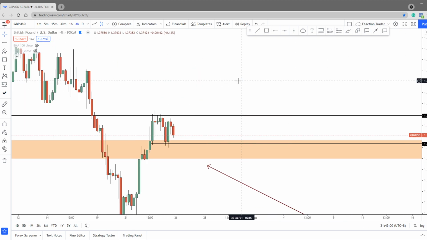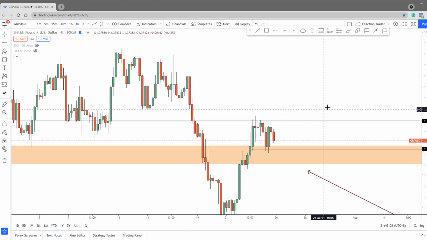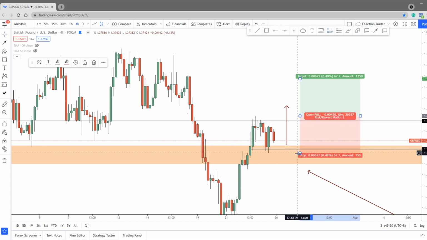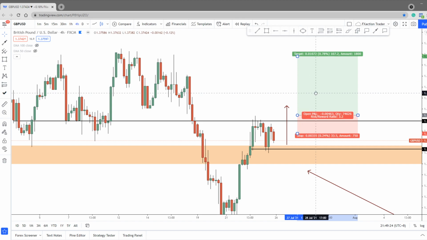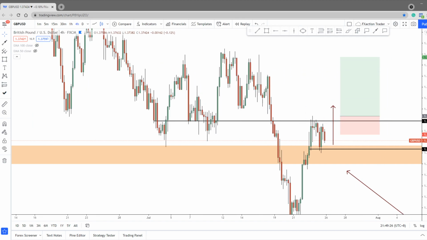I would prefer the market to break above 1.3778, and then only am I going to look for a buy trade. So overall for Pound Dollar, we are in a buy call.